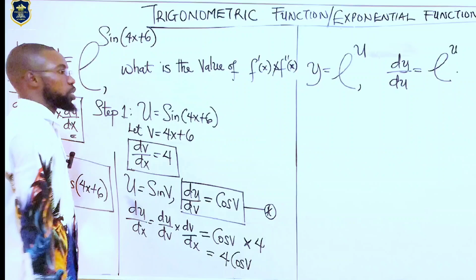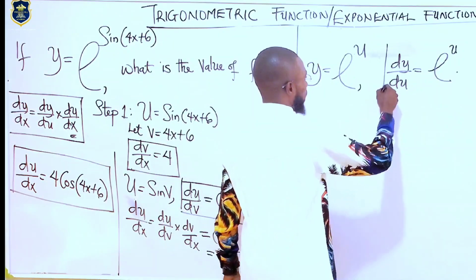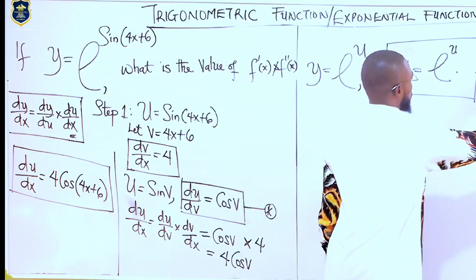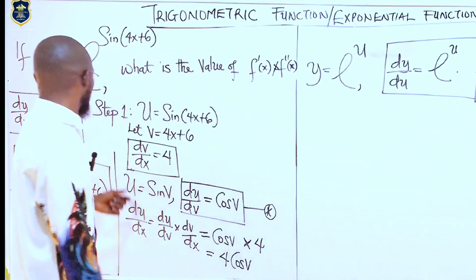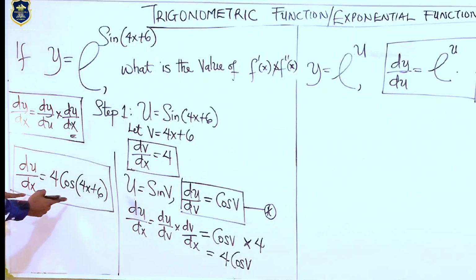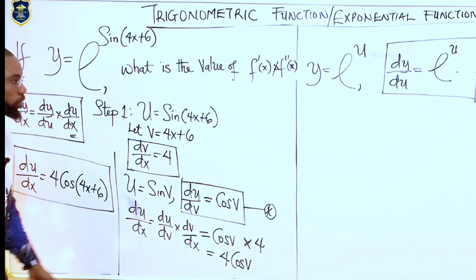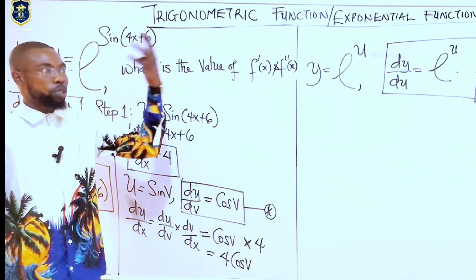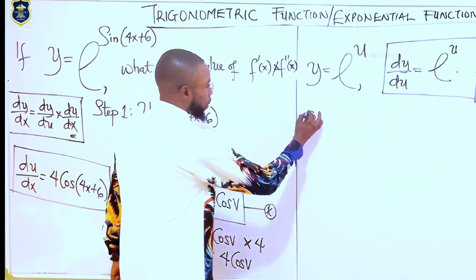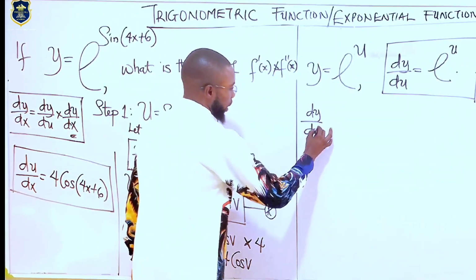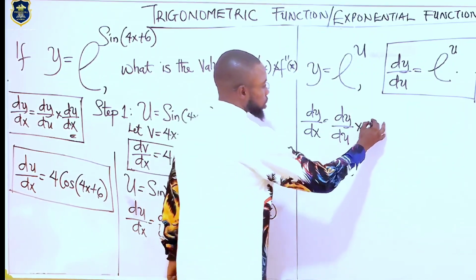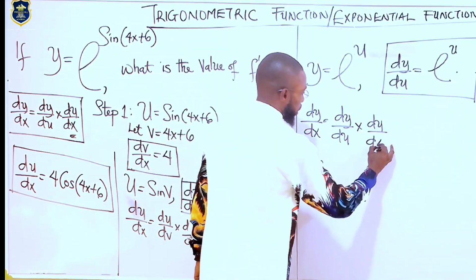By combining the equations, we now have the value for dy over du, and from the earlier process we got du over dx, which is this. I showed you the steps; it's the function of function rule. So our dy over dx becomes dy over du times du over dx.